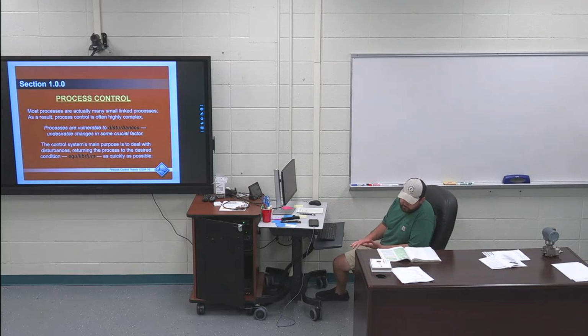Process characteristics, bottom right of page 1. I've got the first two sentences there highlighted. A major consideration of any process control system is the process itself. A process may be defined simply as the operations used in the treatment of a material.